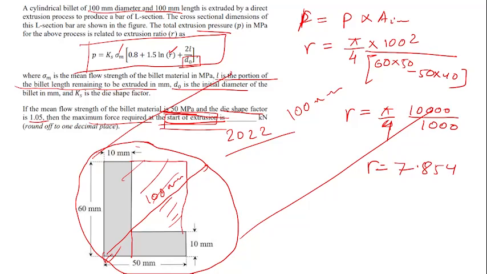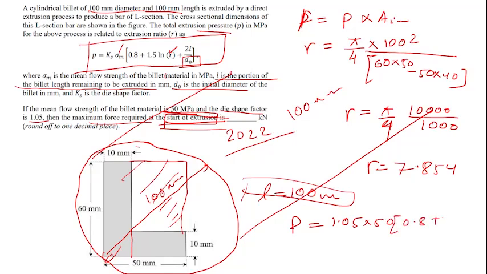At the beginning of extrusion, the total length, correct. So the complete length, 100 mm. Here you will take 100. Now you have everything: L, R, sigma m, and Ks. Now fill all these values into P and tell me what P is here. What did you get for P? 309.296.